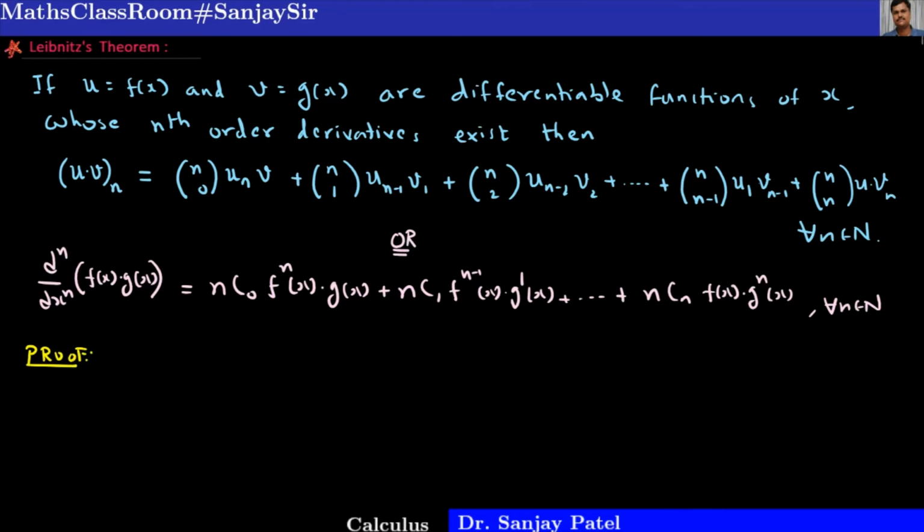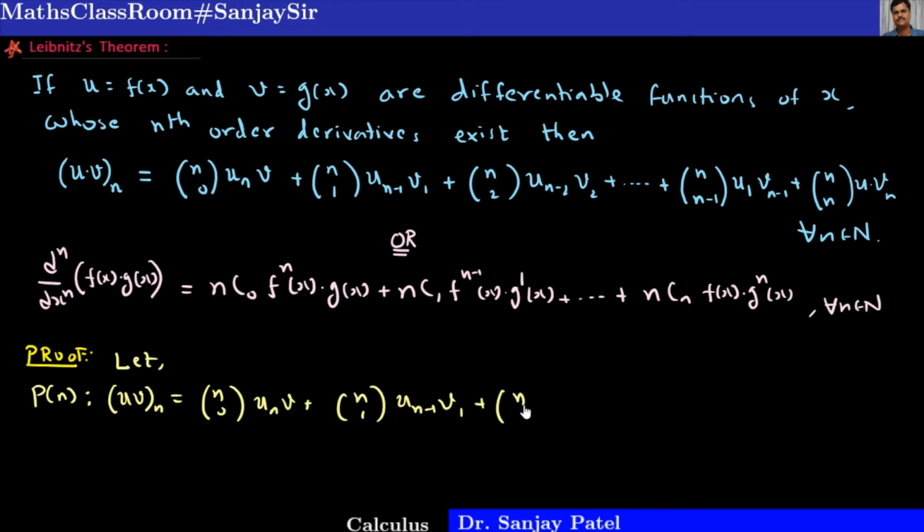First of all, let P(n) be this statement: the nth derivative of u into v is nC0 un v plus nC1 u(n-1) v1 plus nC2 u(n-2) v2 plus, and so on, plus nCn u vn.